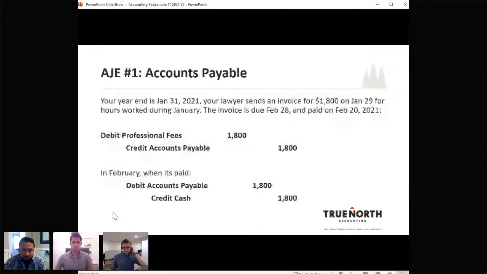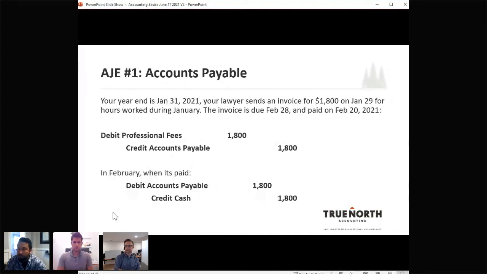So the first adjusting journal entry that we would consider is accounts payable. So here's an example. Your year end is January 31st. On January 29th, your lawyer sends you an invoice for $1,800 for hours worked during January. The invoice is due a month later, so February 28th, which is into the next fiscal year or financial year.